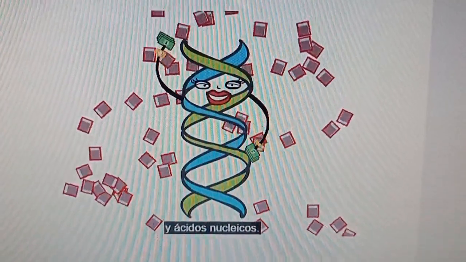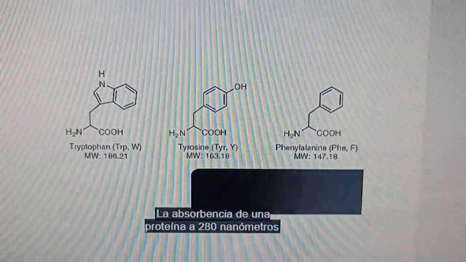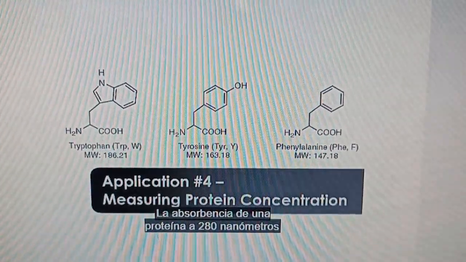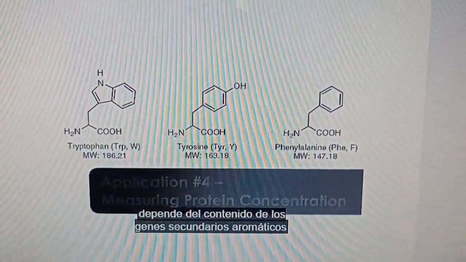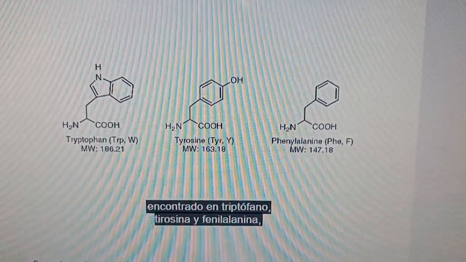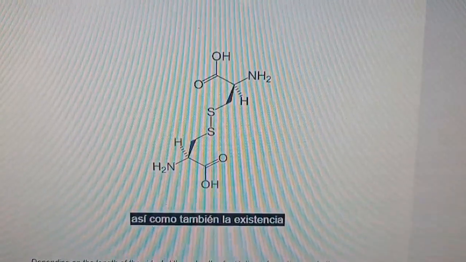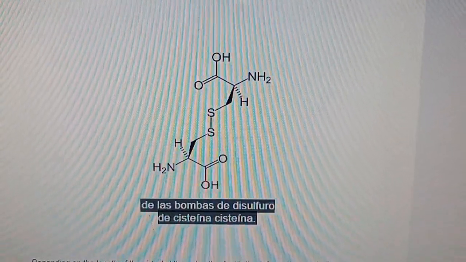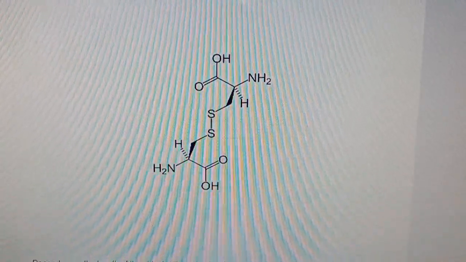The absorbance of a protein at 280 nanometers depends on the content of aromatic side chains found in tryptophan, tyrosine, and phenylalanine, as well as the existence of cysteine-cysteine disulfide bonds.